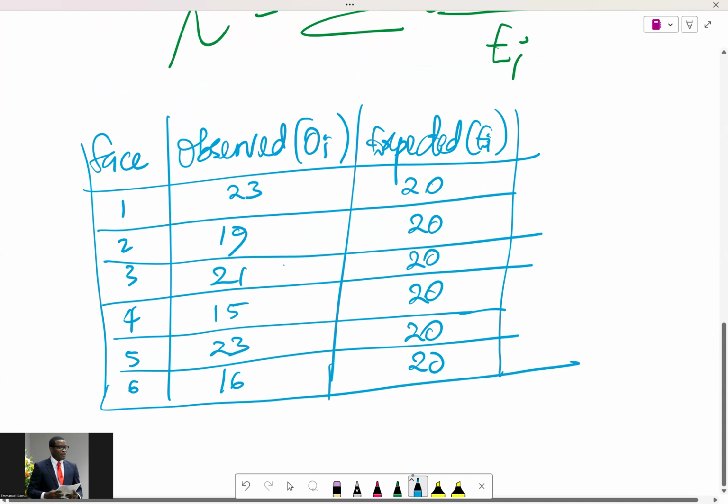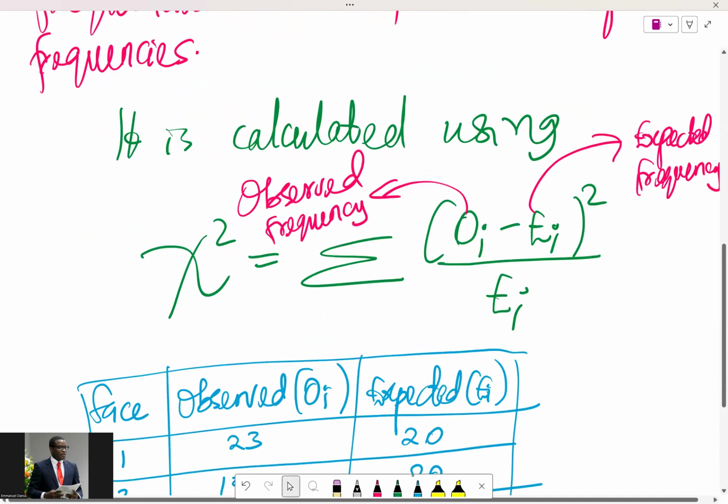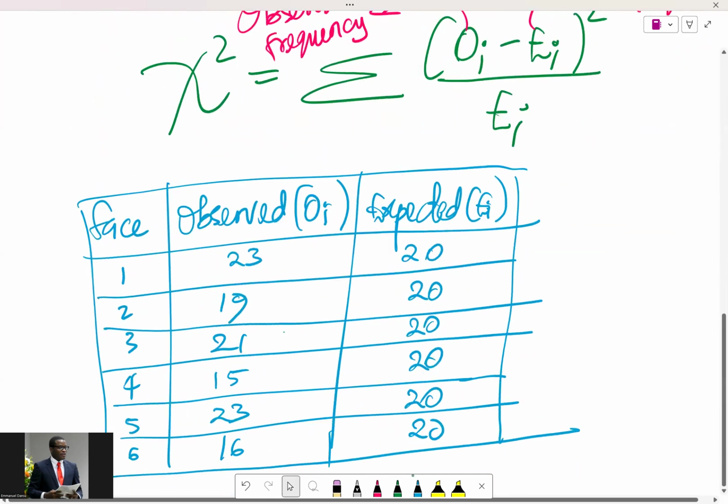Now, from the formula, we need the square of the difference between observed minus expected.